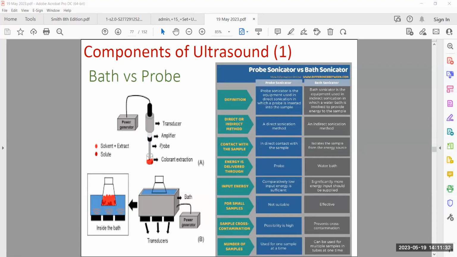Whether or not it is efficient for your material really depends on you. If you want a direct ultrasound treatment, a faster killing mechanism, then you can use the probe type. If you use the indirect one, you would have a lower rate of killing the microorganism and so on.